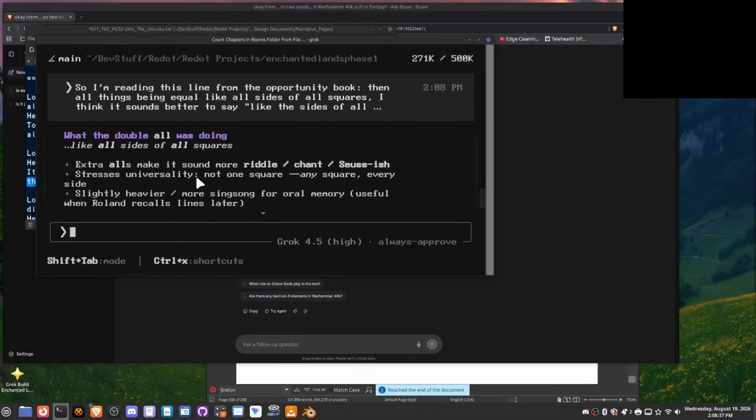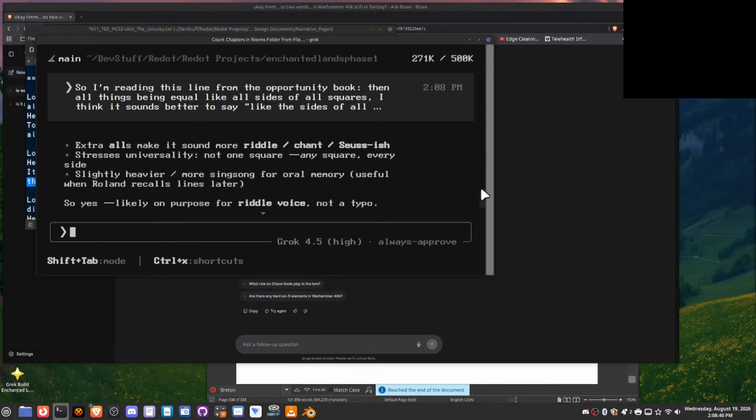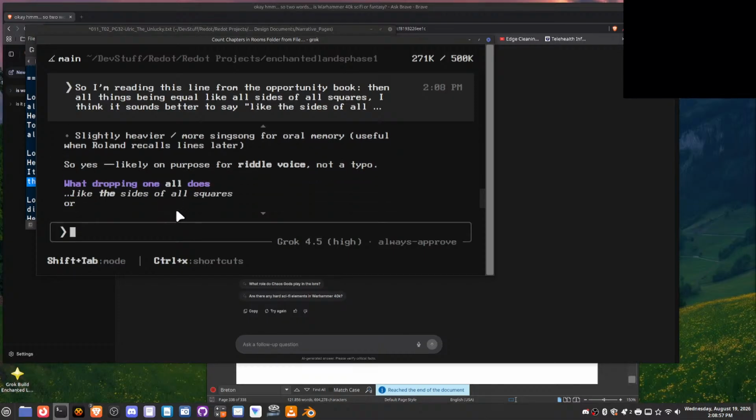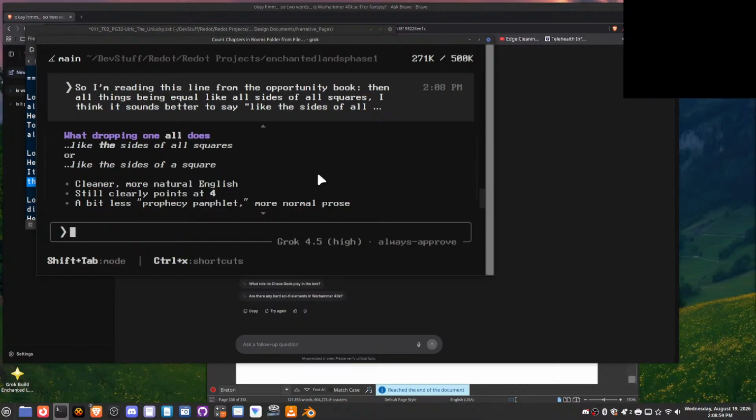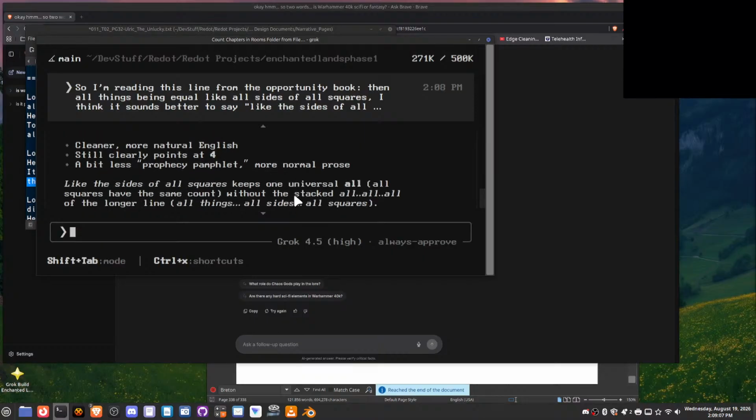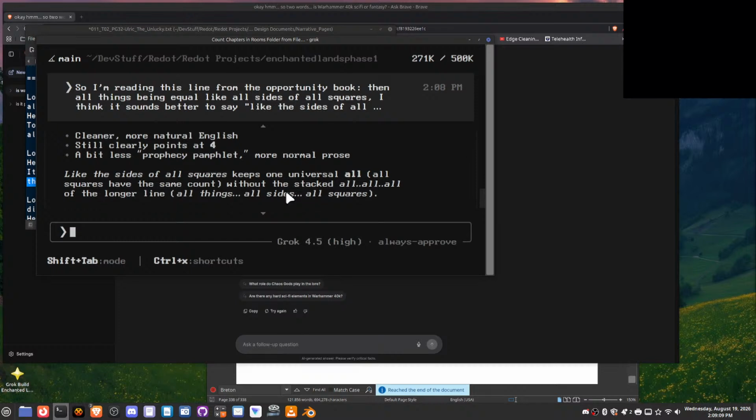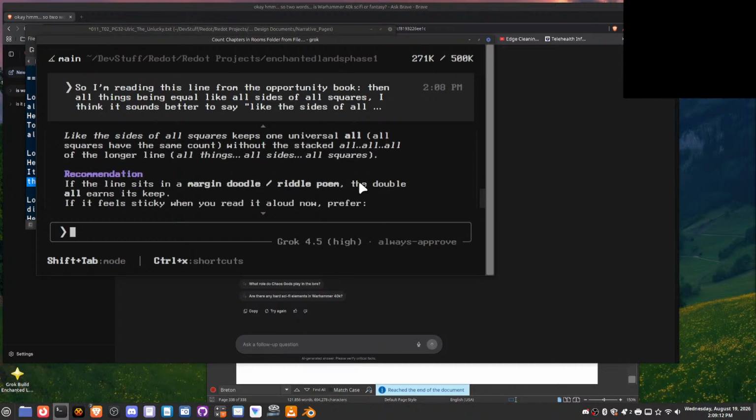Both work. They do slightly different job, like all sides of all squares. Extra alls make it sound more riddle chant, sucious. Stresses universality, not one square, any square, every side. Slightly heavier, more sing-song for oral memory. All things being equal, like all sides of all squares. Luckily on purpose for riddle voice, not a typo. What dropping one all does, like the sides of all squares. Cleaner, more natural English clearly points at 4, a bit less prophecy pamphlet, more normal prose, like the sides of all squares.